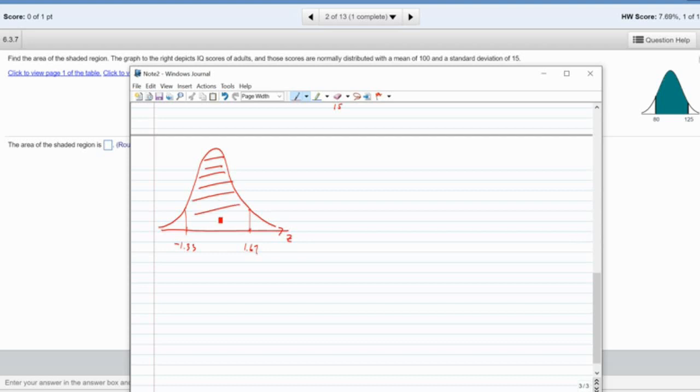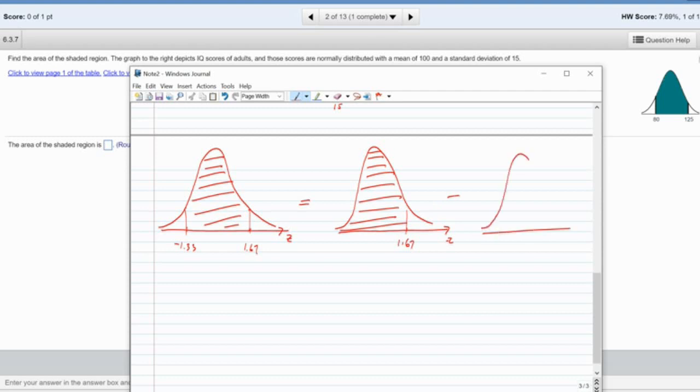So this equals the area to the left of positive 1.67, all of this, minus the area to the left of negative 1.33.